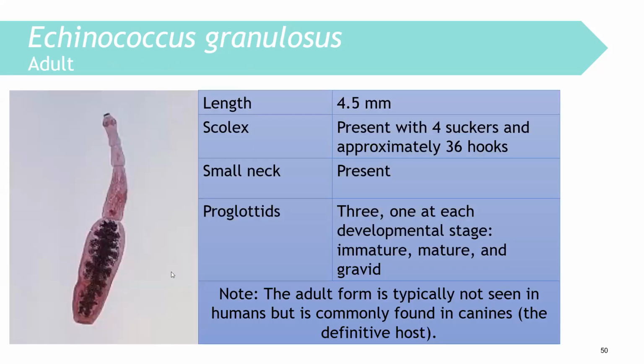Take note, guys, that Echinococcus granulosus is the shortest tapeworm. Why? Because it has only three parts: the head, the immature proglottids, and the mature proglottids. Kaya siya tawag na shortest. Smallest cestode, si Hymenolepis nana. Shortest is si Echinococcus granulosus.